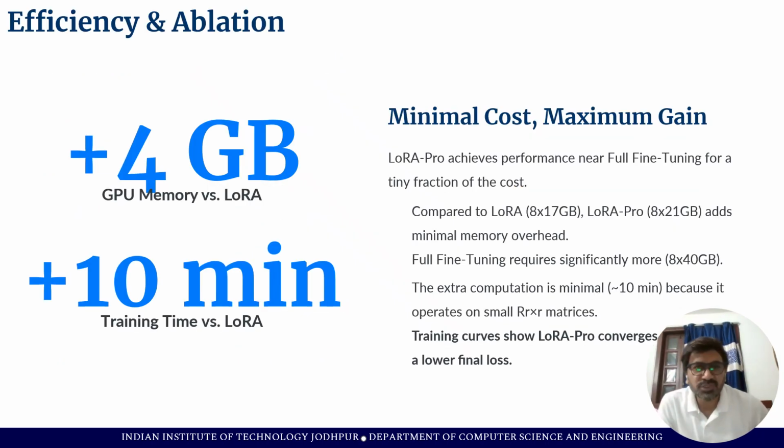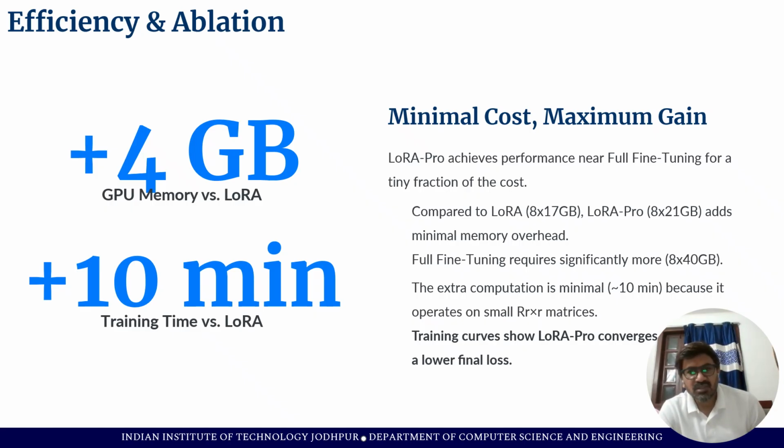This brings us to the crucial question of efficiency. Do all these new calculations add a lot of overhead? The answer is no. Compared to standard LoRA, LoRA-Pro adds only about 4 GB of GPU memory and about 10 minutes of extra training time. This is a tiny cost when you remember that full fine-tuning requires massively more memory, like 40 GB or more.